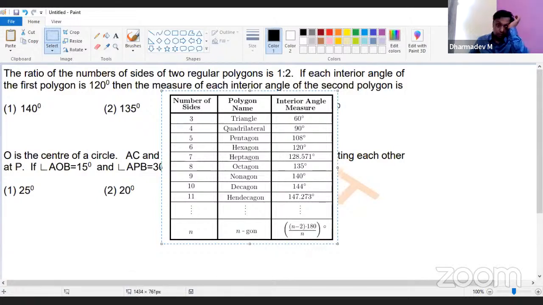So for the first one, there are 12 sides, then 12 minus 10, 180 divided by 12. Okay, fine. So in this, yeah, the same.